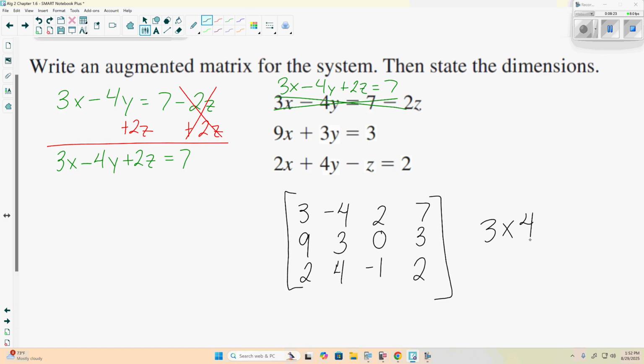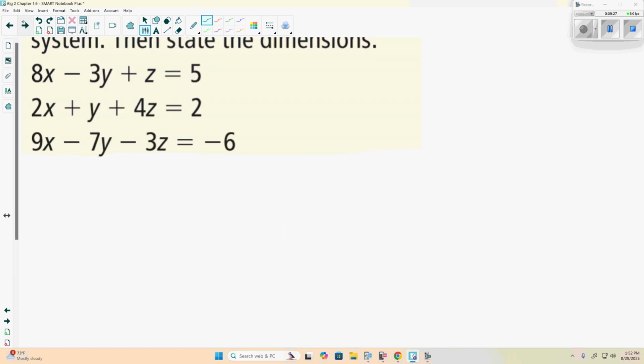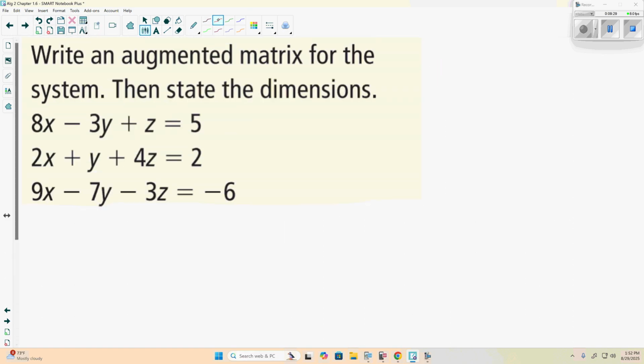Questions on this here? We have this one here. Are all 3 equations written in the correct form? x, y, z; x, y, z; x, y, z; number. So we can go on and just write it.